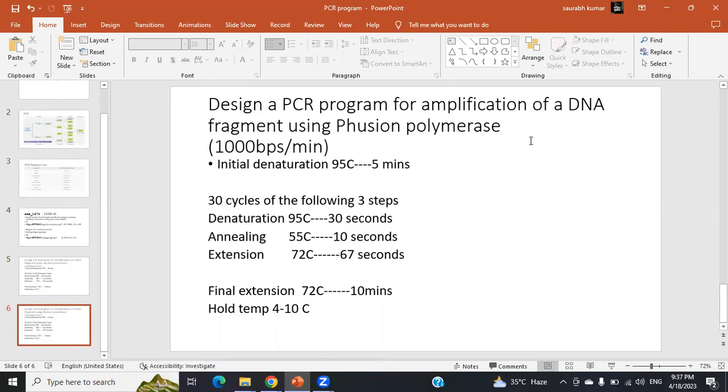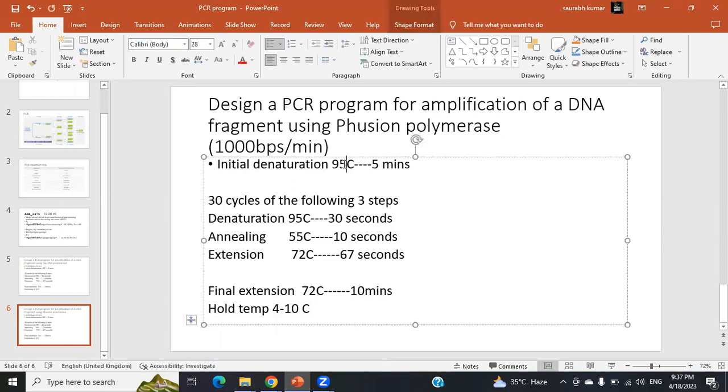Now, when you are using fusion DNA polymerase, the initial denaturation temperature is going to change. It is going to be 98 degrees Celsius. The time can be the same. Then we have the 30 cycles of the 3 steps of denaturation, annealing, and extension. Here again, the denaturation temperature is going to be 98 degrees Celsius and time will be 30 seconds again.